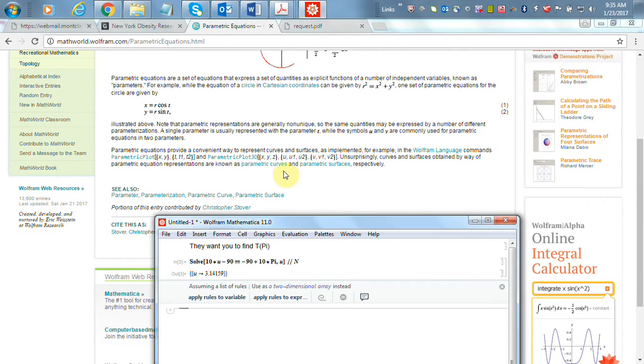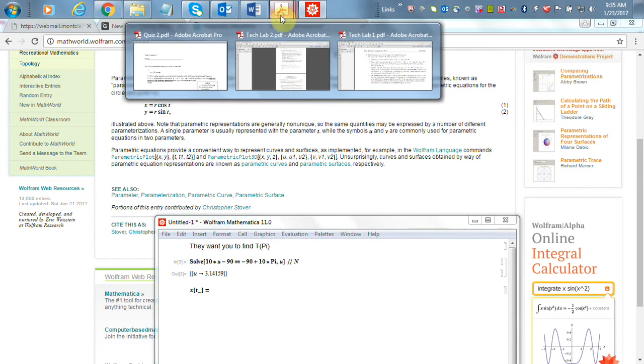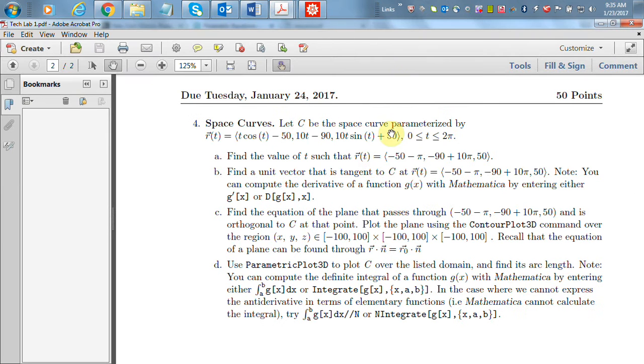So really what they want you to do is this: x of t is equal to, I forgot already what it was, minus t times cosine t minus 50.